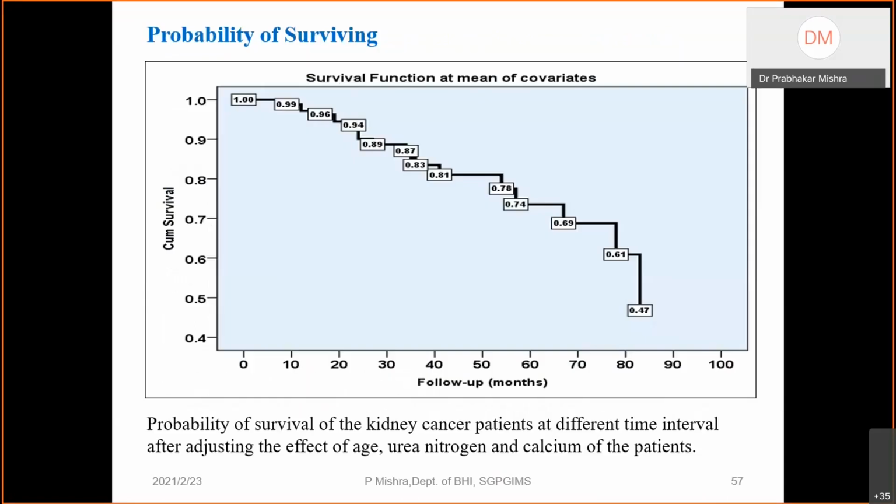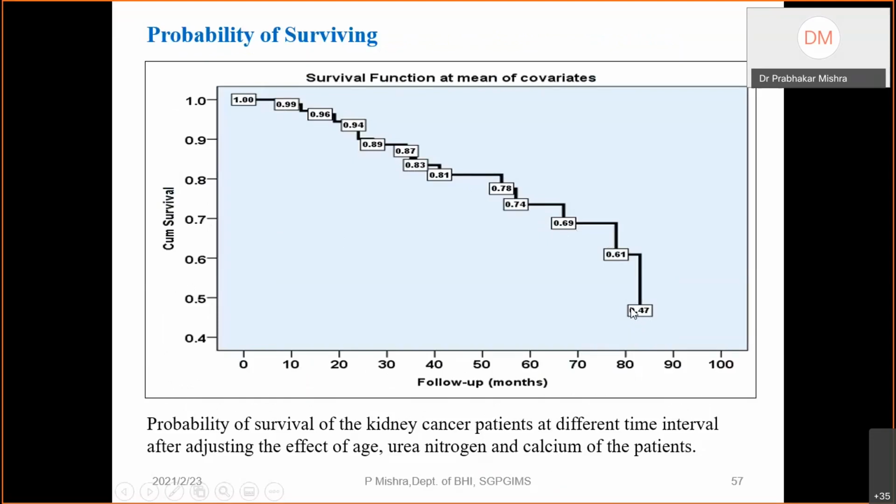So this is the model C, and after adjusting all these significant predictors, age, urea, nitrogen and calcium, see here, this is our survival plot. And see, initial patient survival plot was this, and after various time points, this survival plot is showing. And see, after 82 months no mortality was reported in the study.